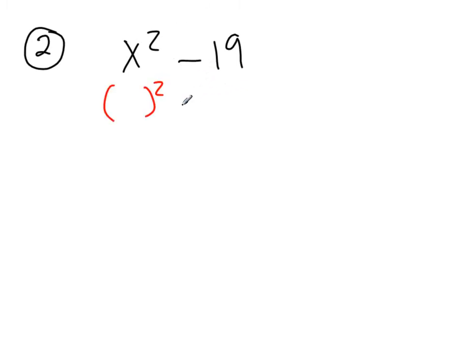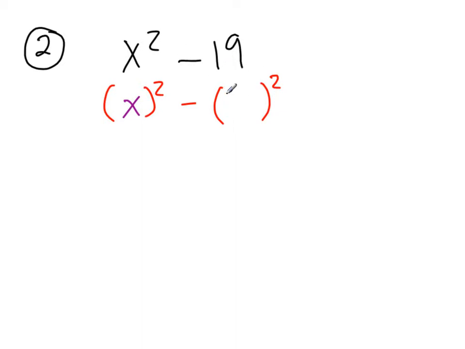Let's say, for instance, we're still asked to factor, and we have x squared minus 19. So this is in descending order. There's no GCF other than 1. And we have to figure out if we can write these as a difference of 2 squares. Now the first one, x squared is x squared. But can we take the square root of 19 and get a perfect square?